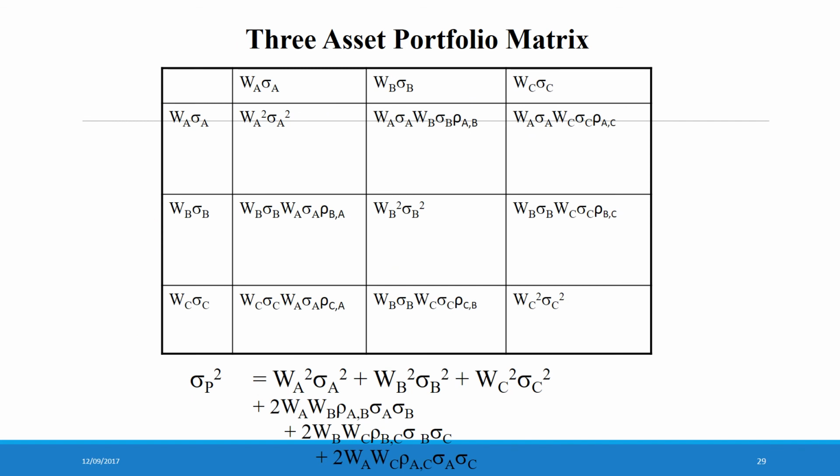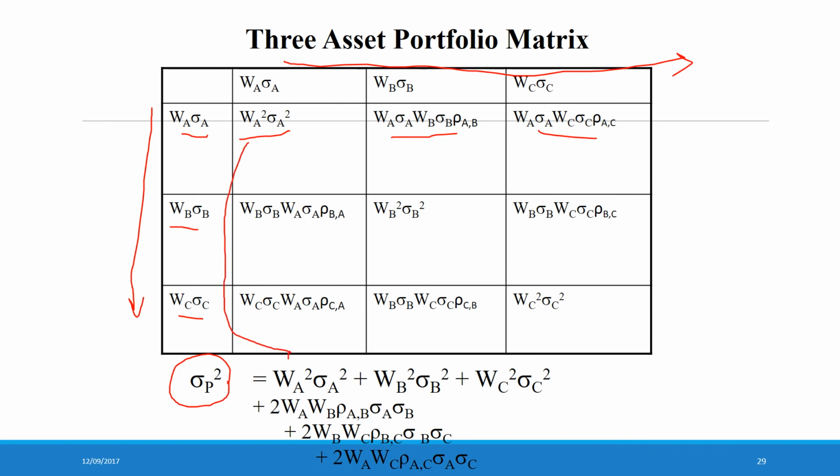In the case of a 3-asset portfolio, we basically do the same thing. We have the weighted standard deviation for 3 different assets. We multiply them together, and so we have 9 different components. The variance of this portfolio is therefore given by the sum of these 9 different components. This one here is the same as this one over here.